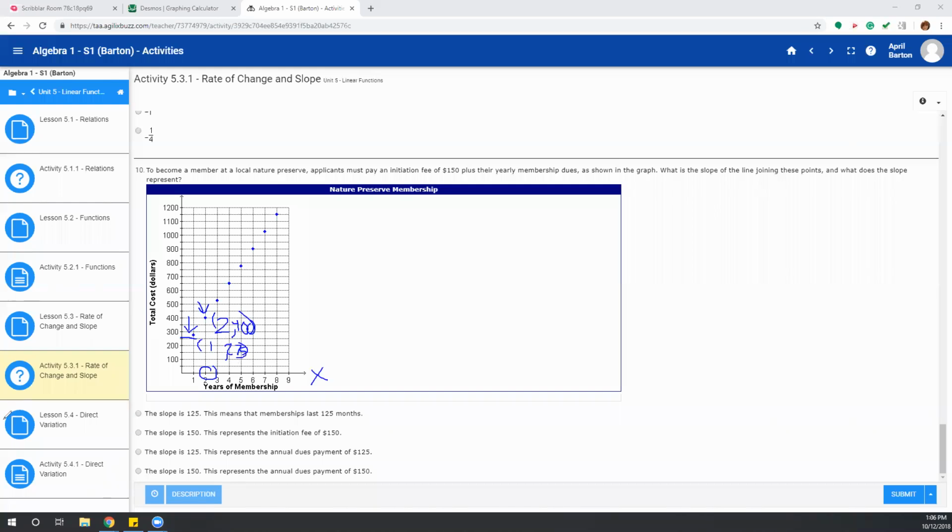So if you're not sure if that's 250 or 275, you could always go pick a point where it hits one of the crosshairs exactly, and then you know for sure what it is. Okay. But we still use the same slope formula. So what are we going to plug in for y2 minus y1? Y2 would be 400.